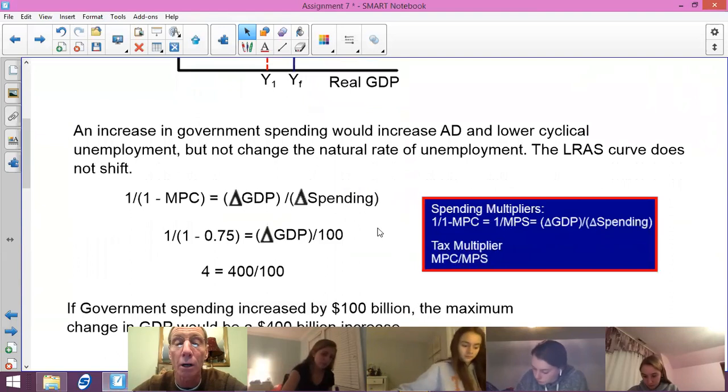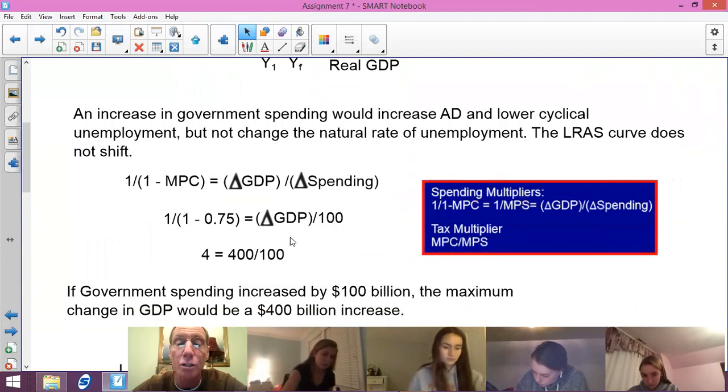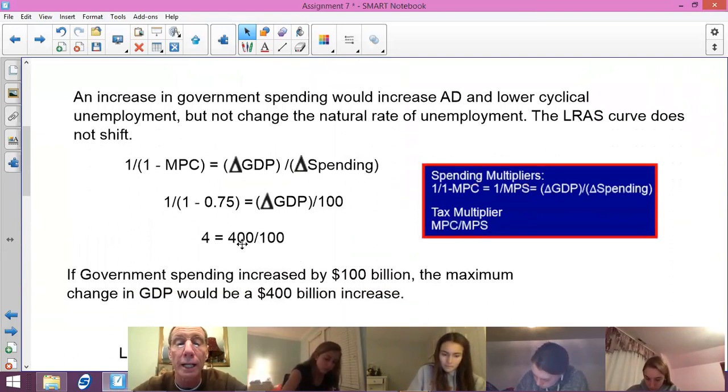So our variable changes, but the formula does not, and we simply do the math and end up finding out that if government spending increased by 100 billion, the maximum change in GDP would be a $400 billion increase. Just using this formula, this is a multiplier for spending.